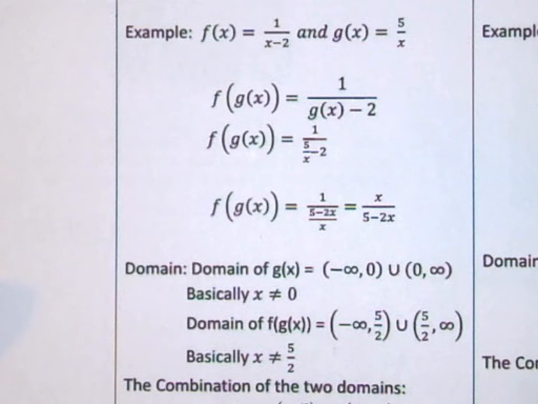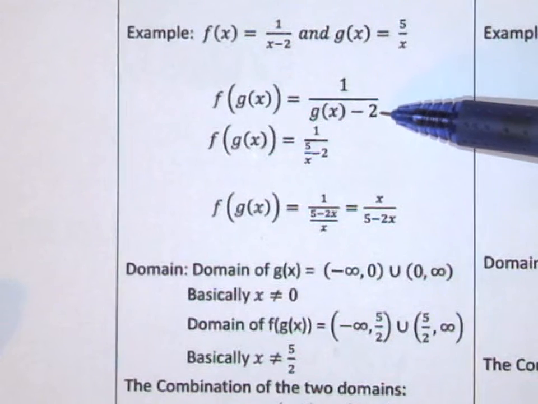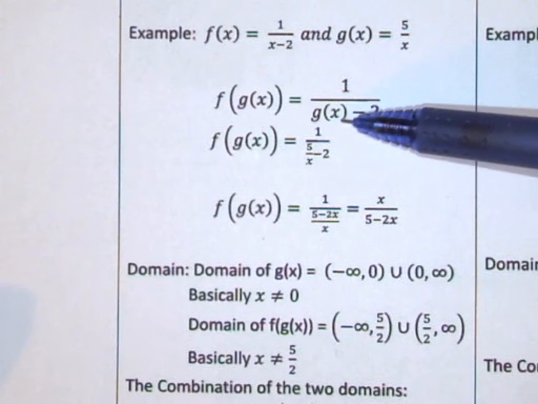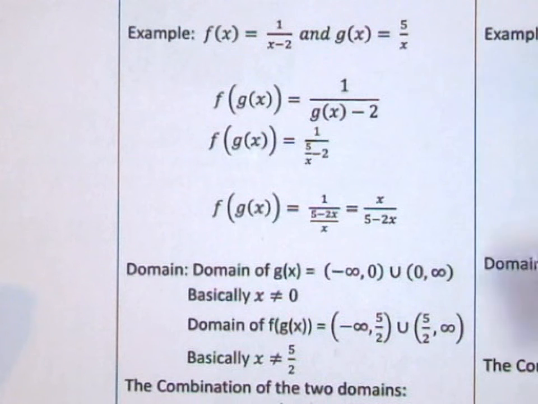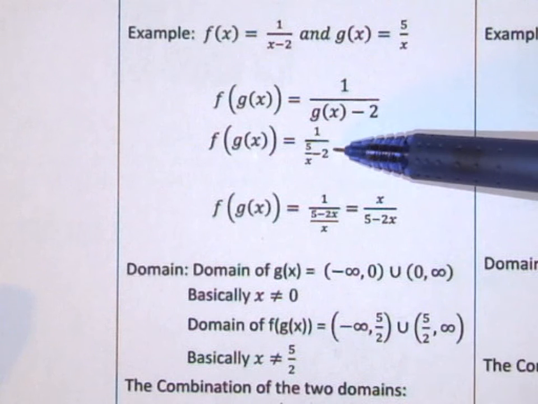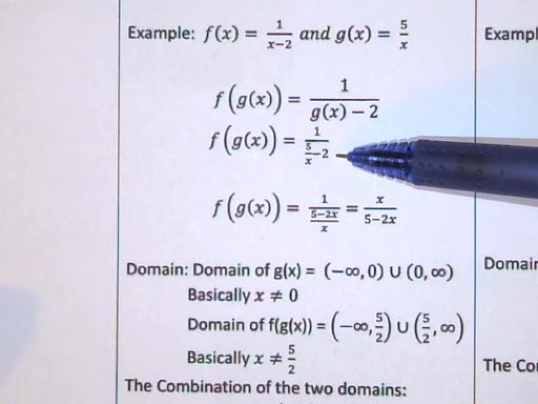What that means is that anywhere you see an x, you have to replace it with your g function. Okay, so clearly my function of f was 1 over x minus 2. So I'm going to input g in for that x value. G was 5 over x. So you can see this becomes 1 over 5 over x minus 2.